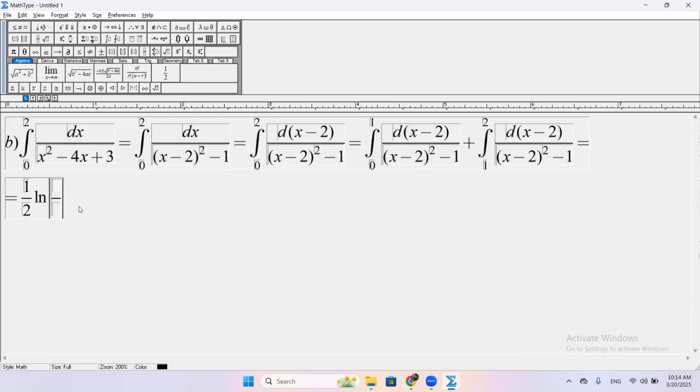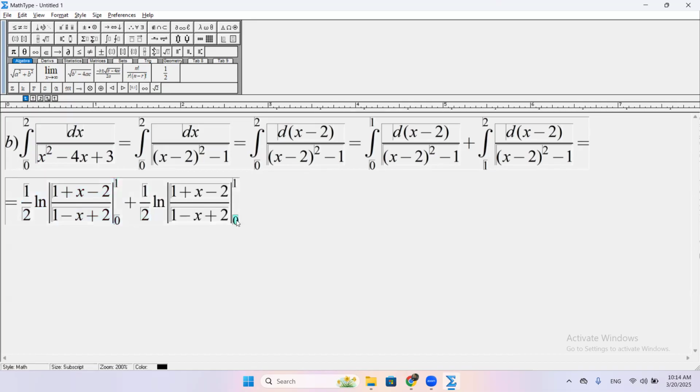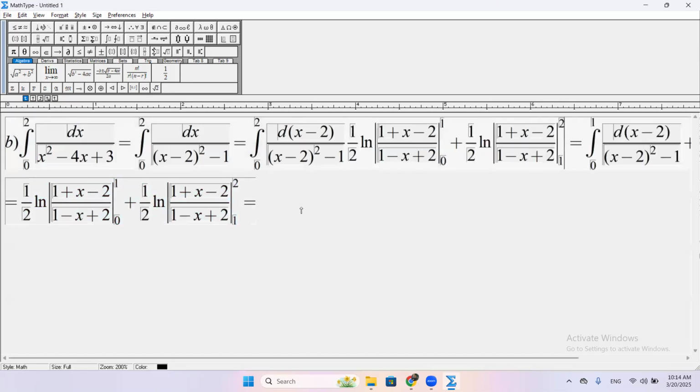So x minus 1 plus x minus 2, and here 1 minus x plus 2 with the substitutions from 0 to 1. And plus actually the same for substitutions from 1 to 2. Okay, and now what do we have? Let's rewrite it.